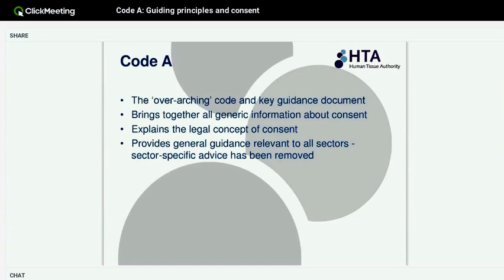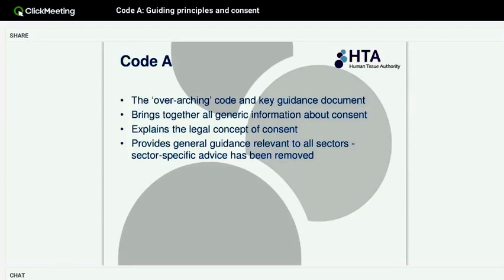It's divided into 3 sections. We have our guiding principles, then the fundamental guiding principle, and then the guidance and statutory requirements relating to consent. We provide generic information that applies across all of our sectors. So what is appropriate consent under the Act, what constitutes valid consent, and we reference both common law and mental capacity legislation.